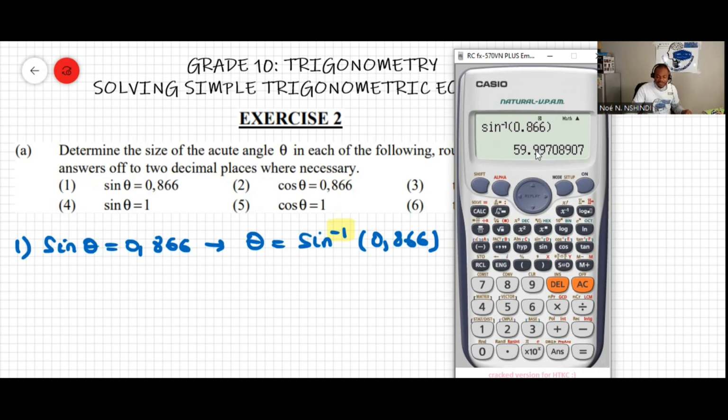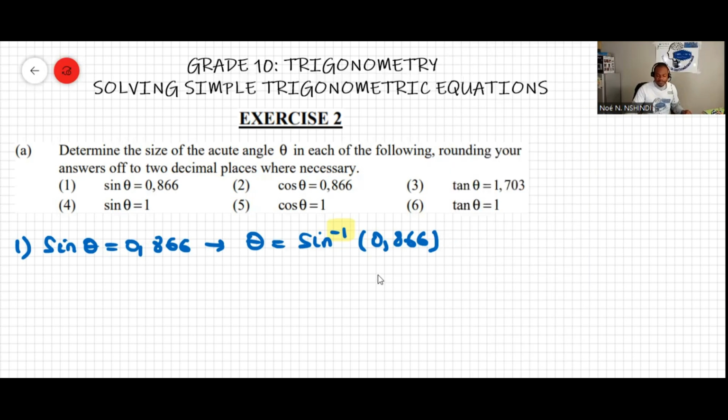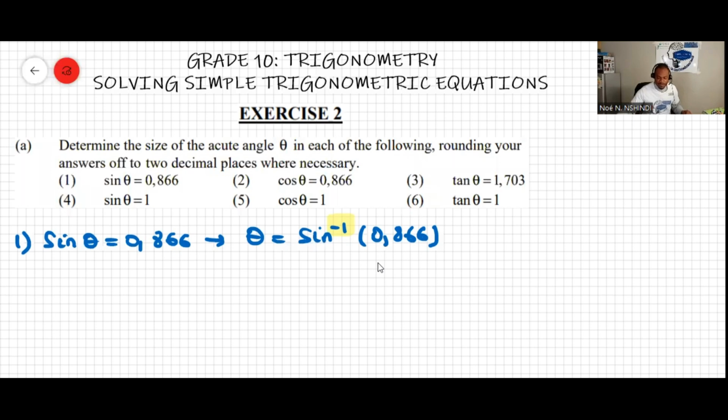The previous digit is also 9, so I make it 0 and increase the previous digit by 1. This is 9 again, so it becomes 0, and I increase the previous digit by 1, which makes 60.00, which is just 60. So theta will be equal to 60 degrees.